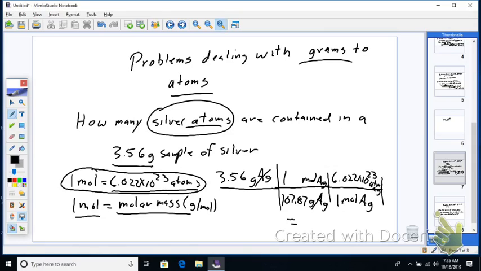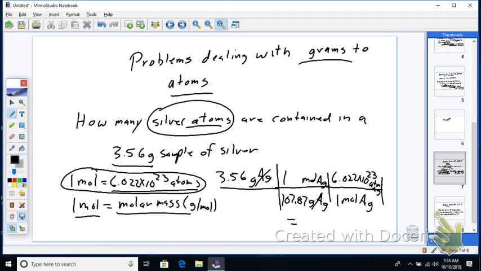When we come up with an answer, we take the 3.56 divided by 107.87 and press equals. That's 0.033. We're going to multiply that by 6.022.